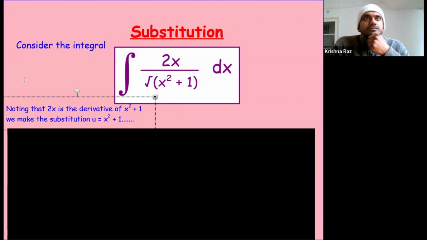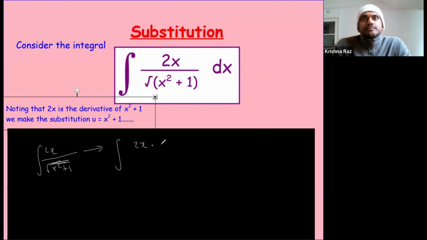So the integral of 2x over root x squared plus 1 is the same as the integral of 2x times u to the minus a half dx. So if we let u equal x squared plus 1, du by dx will be 2x.